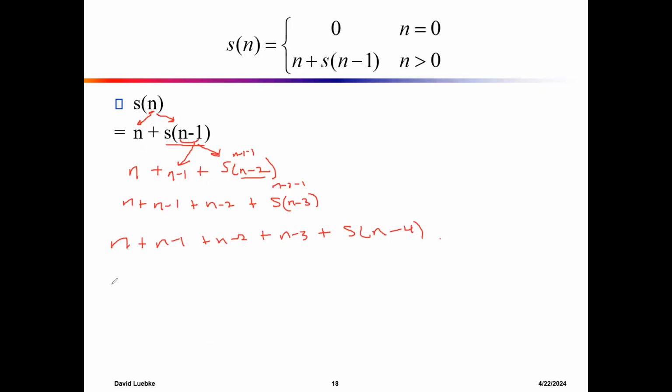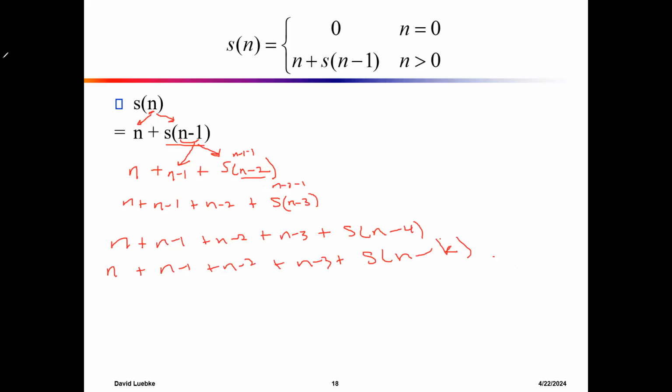So if n was 10, you realize this would be 10 plus 9 plus 8 plus 7 and so on, all the way down till 0. But there's an intermediate step. So this will be n plus n minus 1 plus n minus 2 plus n minus 3, plus S of n minus k. And then when will we stop?